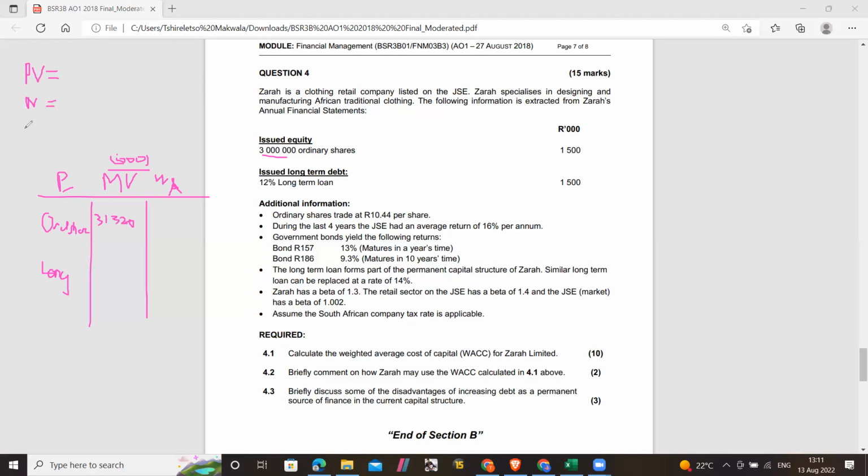Then we basically are given what? The I, we are given the I is 14%, right? Because we want the market value, so you're gonna use the market rate, 14%, right? And the PMT we know the payment, right? What is the payment that you're gonna pay?